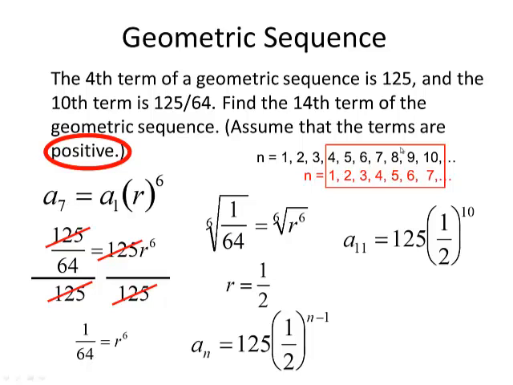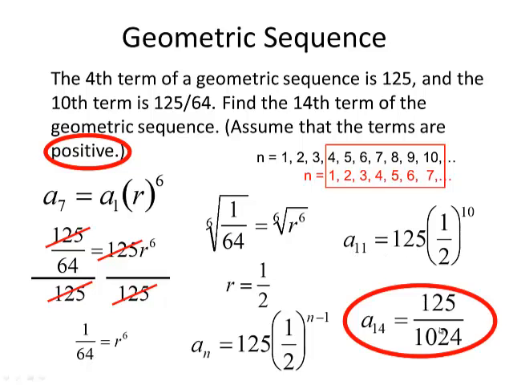All these are reduced by 3. 10 minus 3 is 7, 9 minus 3 is 6, 8 minus 3 is 5, 7 minus 3 is 4. So my 14th term will really be my 11th term, since this one is really the 4th term and I wanted the first term. So the 11th term is going to be this. Using that on your calculator, you get 125 over 1024.